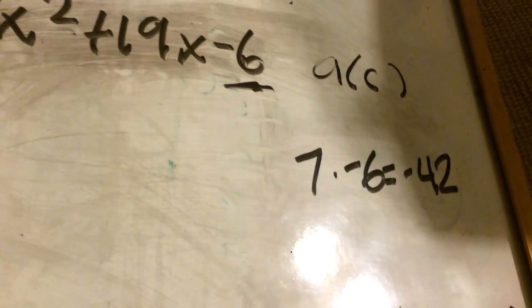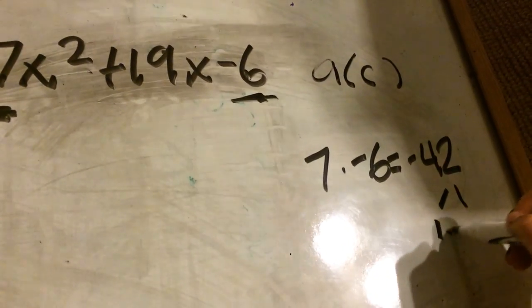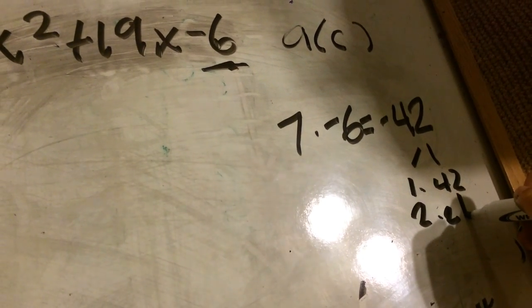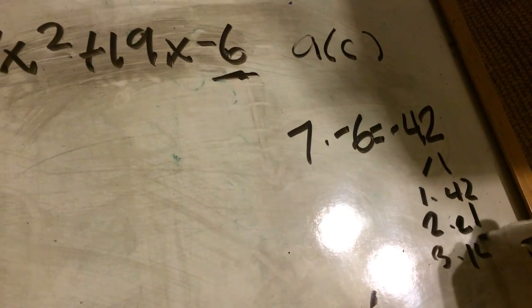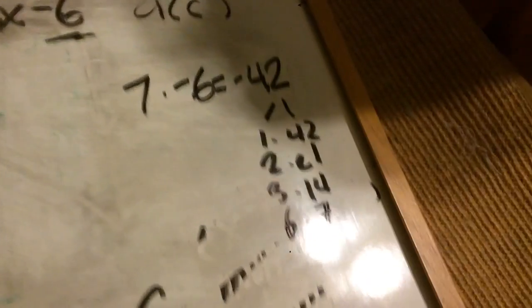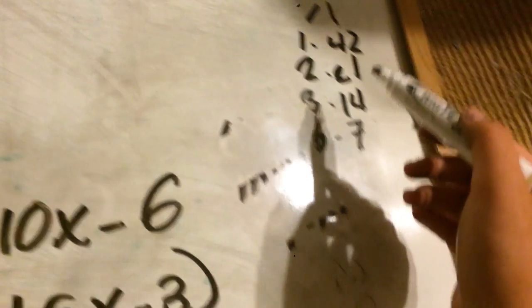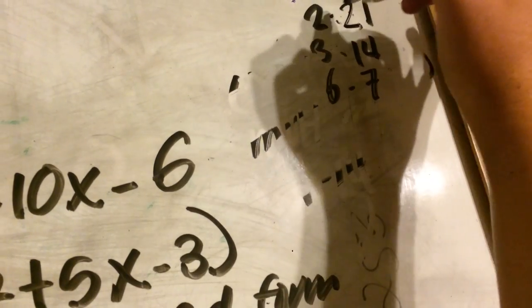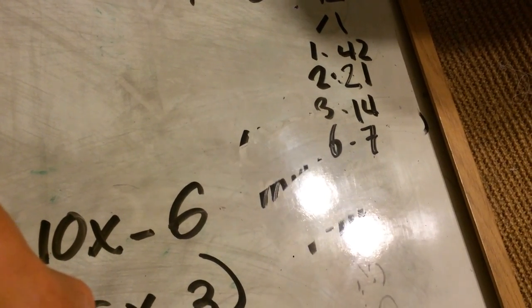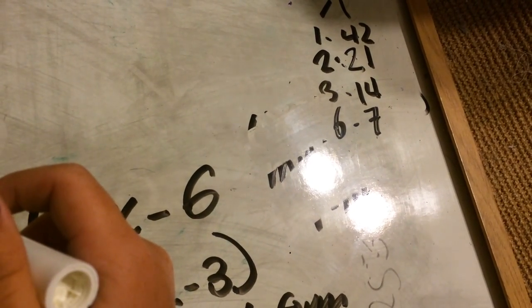So let's look at the factors of 42. We have 1 and 42, 2 and 21, 3 and 14, 6 and 7, and we could also negate one or the other.